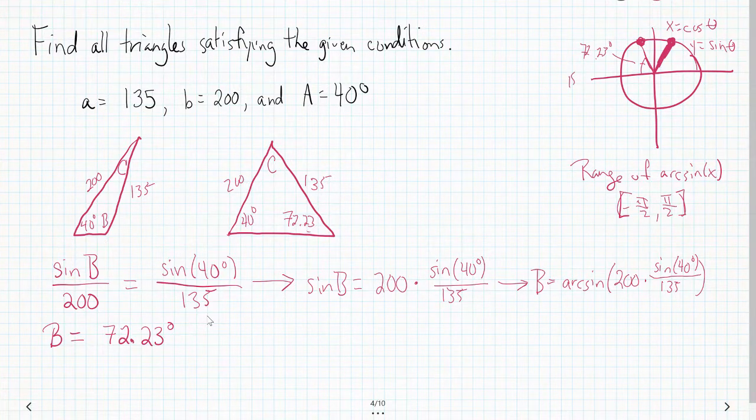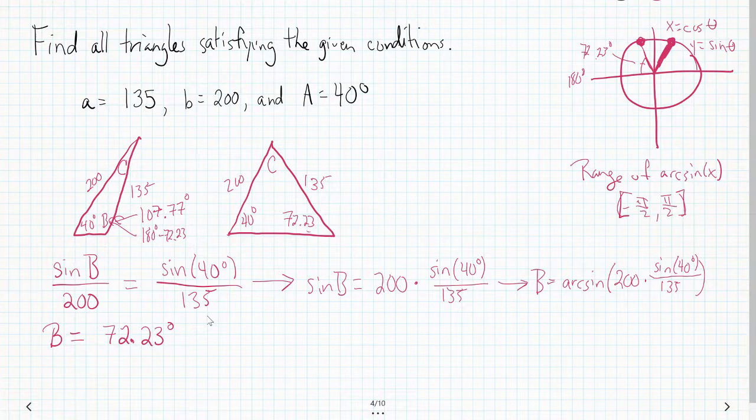If this is 180 degrees right here, we subtract those two to get this angle B. So this value would be 180 degrees minus 72.23, right? Which would be, what is that, 107.77, I believe. Double check me on that. 107.77 degrees. That goes in that case.